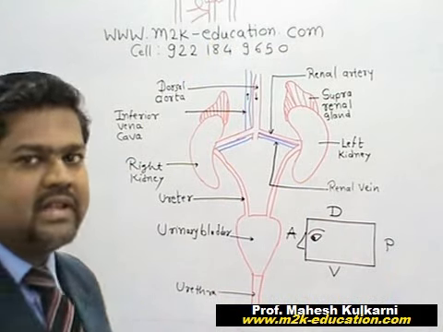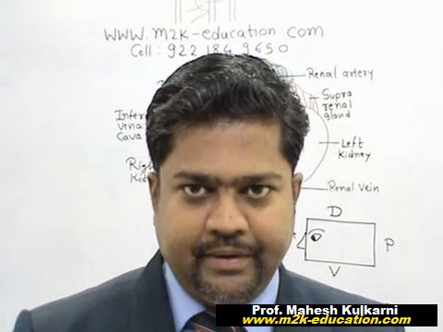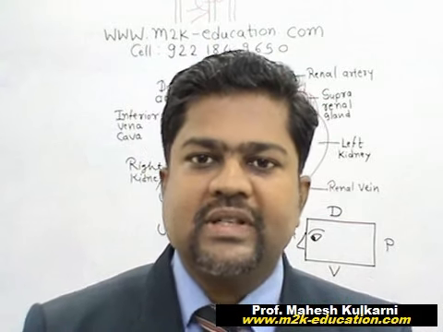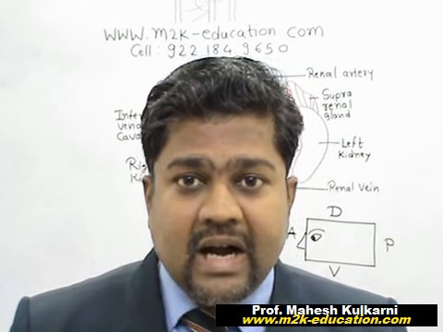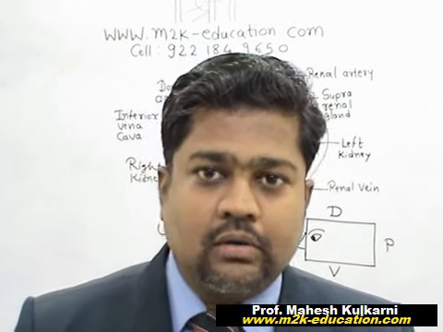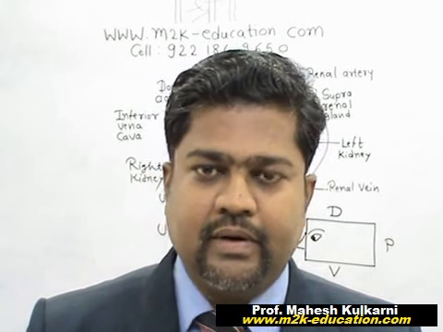So we can say that blood is purified in the form of a pipeline, and the purification process continues throughout in the kidney. But unlike the heart or other organs, the kidney functions somewhat differently.